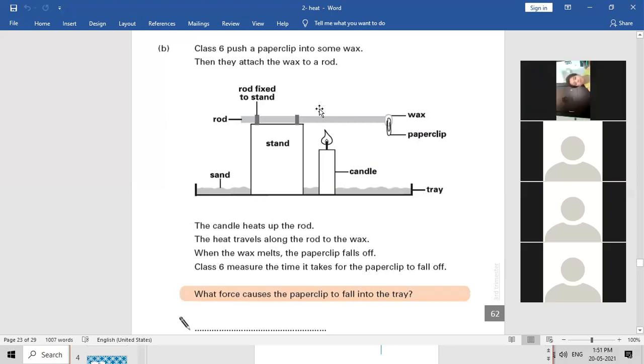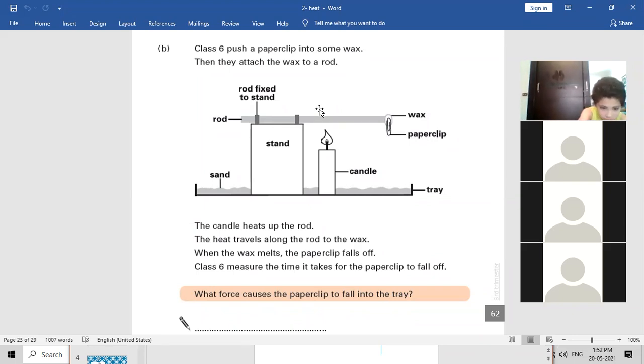It will fall faster if the rod is made of metal. Because metal is a conductor or an insulator? Conductor. Yes, because metal is a heat conductor, it will get hot faster than any insulating material.